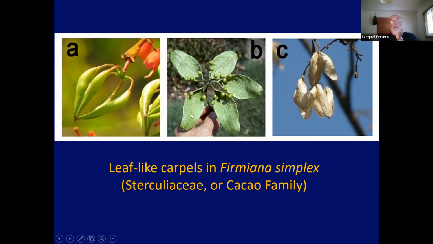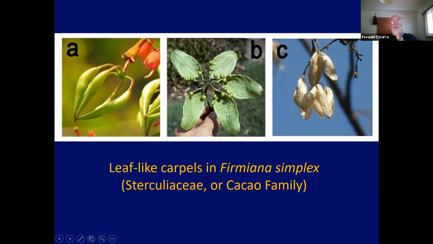let me show you a living demonstration that carpels forming the ovary are indeed transformed leaves. This is an Asian plant common in southern China and also in India, Firmiana simplex, a plant in the cacao family, where the carpels are joined into a single fruit and they join on top.